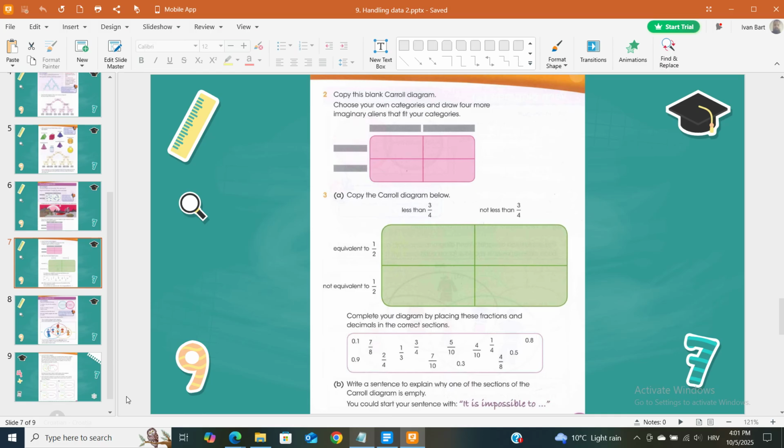3. A. Copy the Carroll diagram below. Equivalent to 1/2. Not equivalent to 1/2. Less than 3/4. Not less than 3/4. Complete your diagram by placing these fractions and decimals in the correct sections.